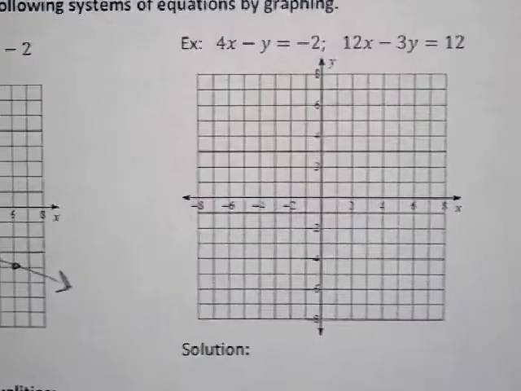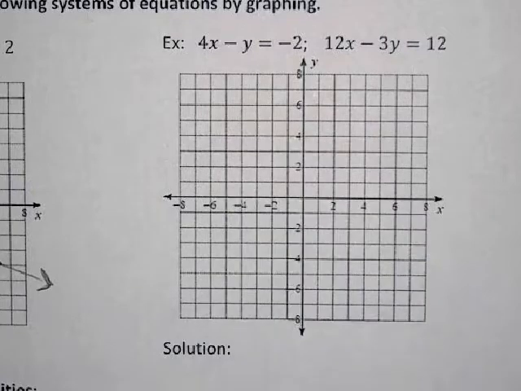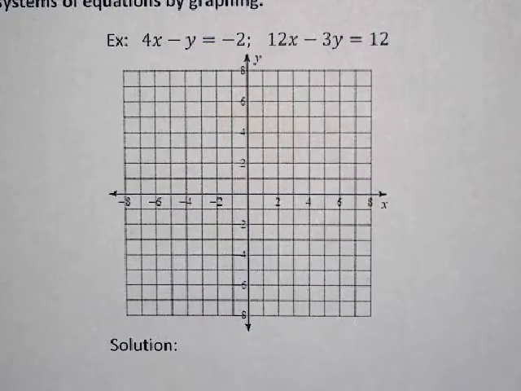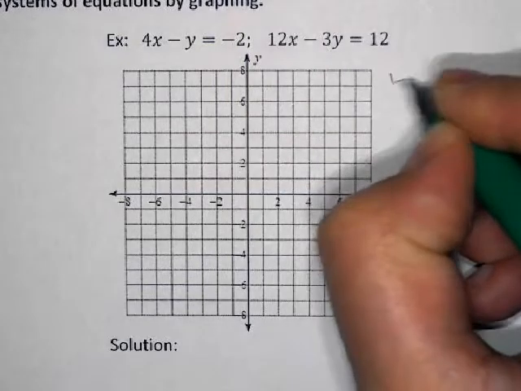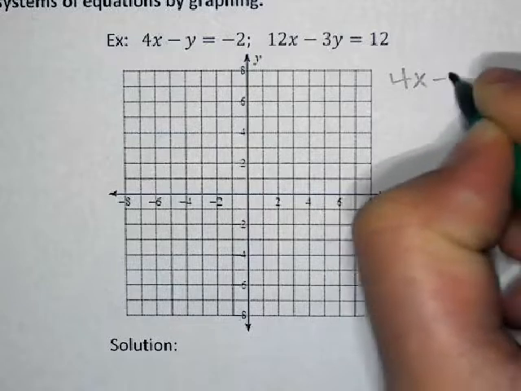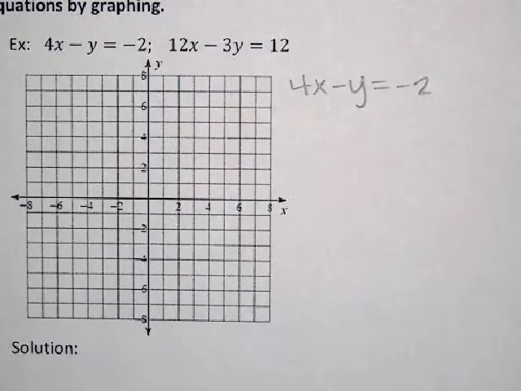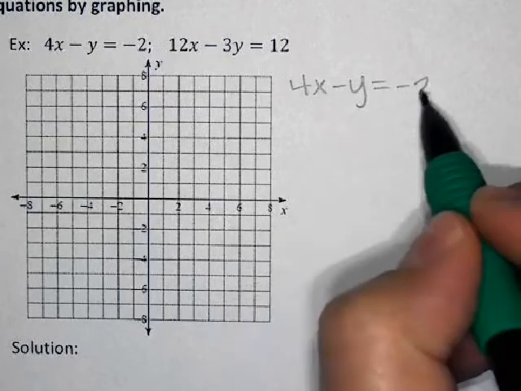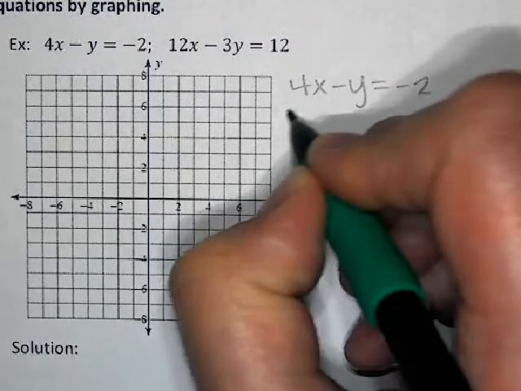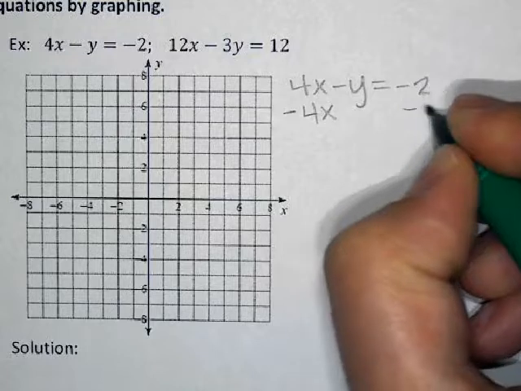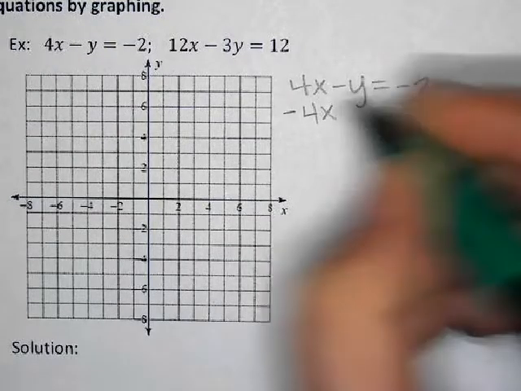Okay, let's go ahead and try this one. These equations are both given in standard form, which means we have to solve for y and get the equation written in slope-intercept form before we can graph it. I have 4x minus y equals -2. I'm going to move the 4x to the right side by subtracting it over.